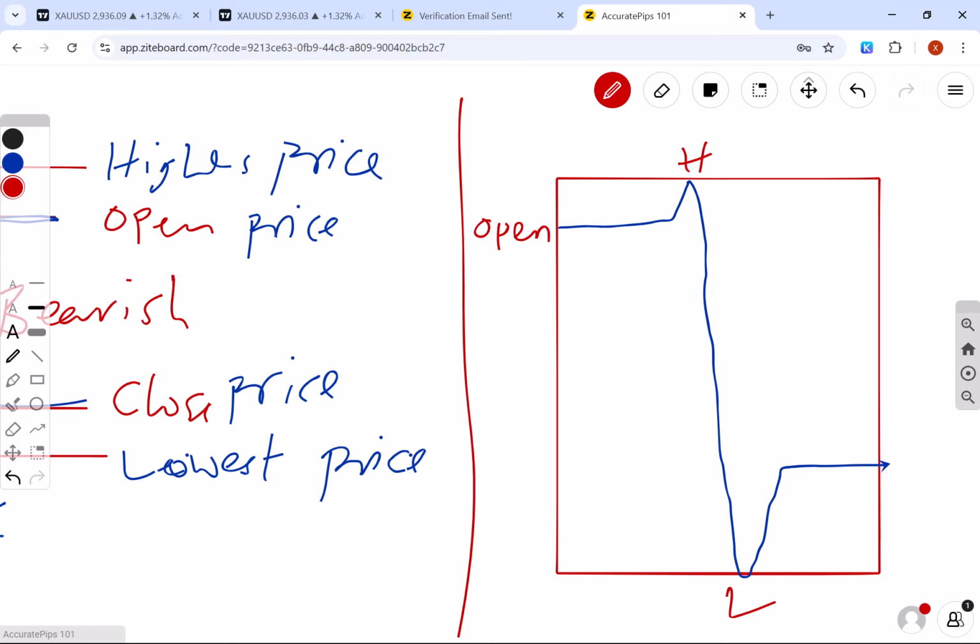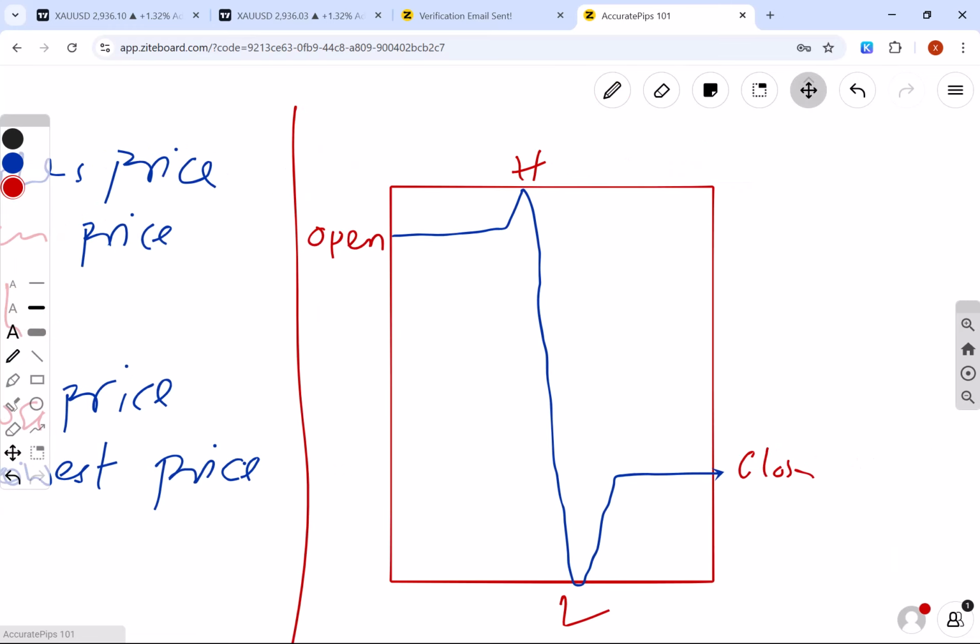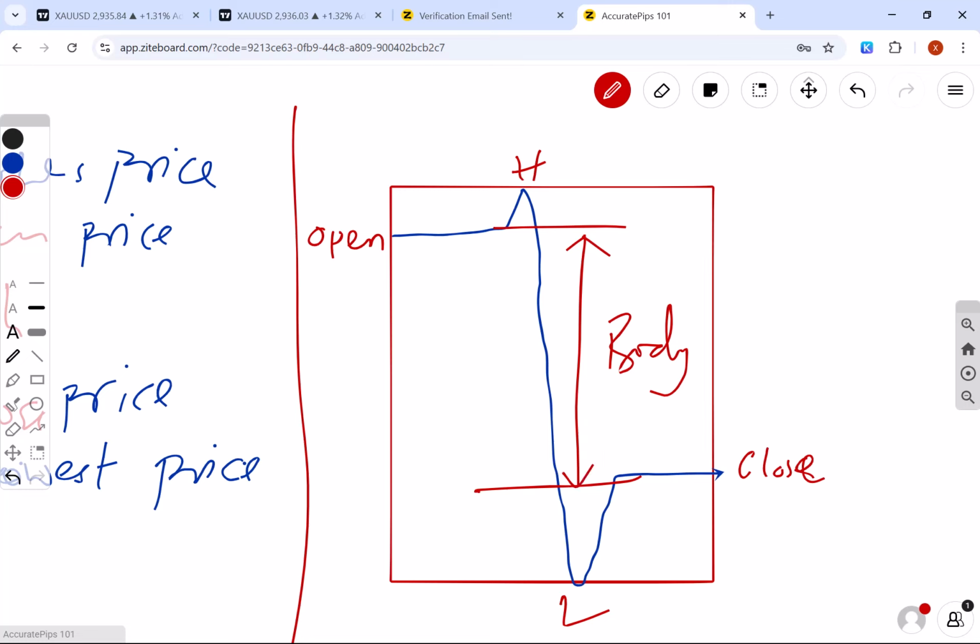And then this is the closing price. As usual, between here is the body of the candle. This is how the bearish candle is formed.